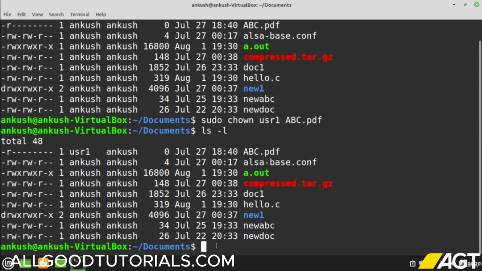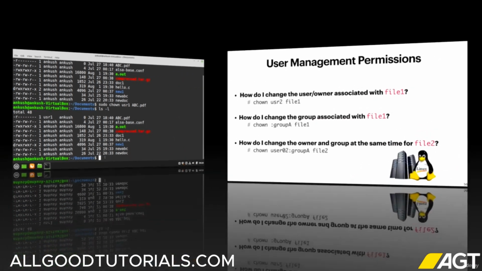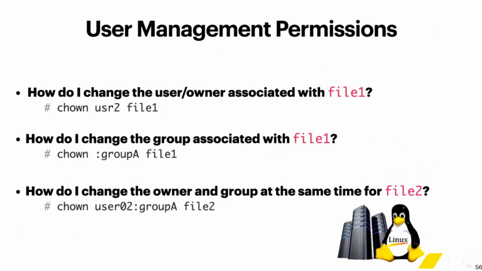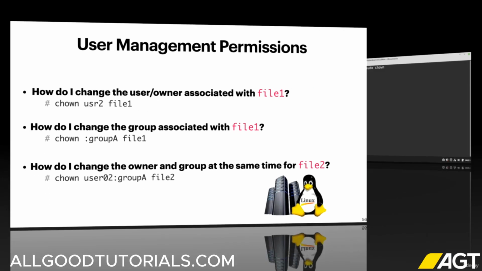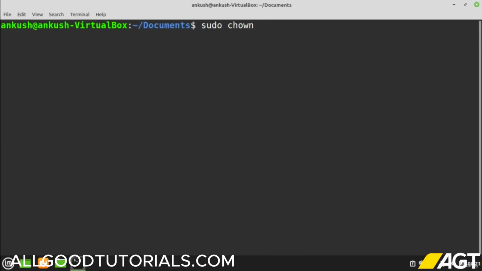Now let's see how we can change the group associated with a particular file. Here you can see the second command shows how we can use chown colon, the name of the group, and the name of the file, and we can change the group of any file. So I have given chown colon, now I will give the name of the group, new group, then a space, and now write the name of the file, abc.